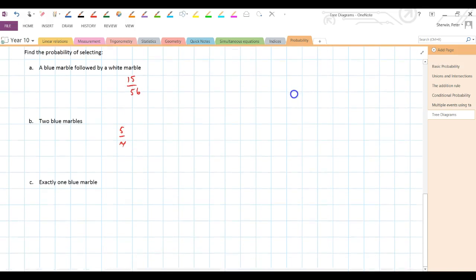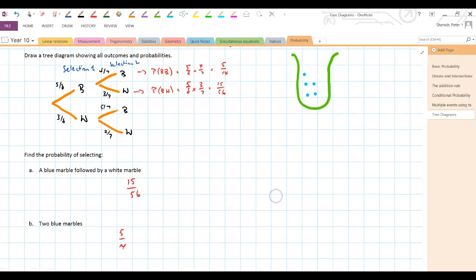And finally, exactly 1 blue marble. So what are the outcomes there that work? Exactly 1 blue, not that one, this one does. And 1 blue marble, this one also. So the probability of white followed by blue is 3/8 times 5/7, which is 15/56. That one works.